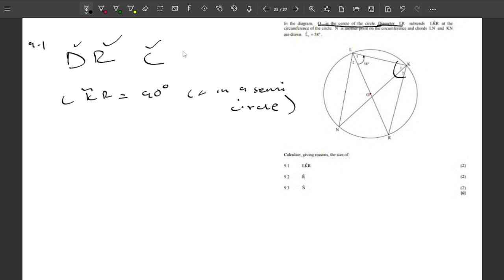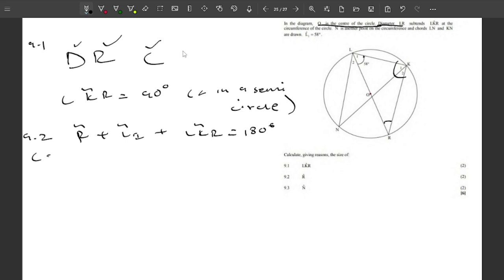Okay. Now 9.2, let's find angle R. Now for angle R, we know that this is 58 degrees, and we have to find R. How can we do that? The sum of angles in a triangle. So I'm going to say angle R plus angle L1 plus angle LKR is 180 degrees.